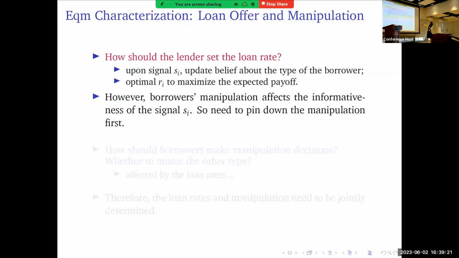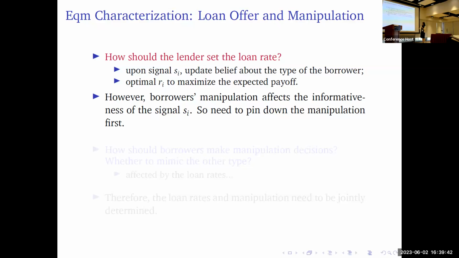And then the interest rate R will be chosen to maximize the expected payoff. But wait a second, this signal will be affected by the borrower's manipulation decision. So to characterize the optimal loan rates, we need to pin down the manipulation first.